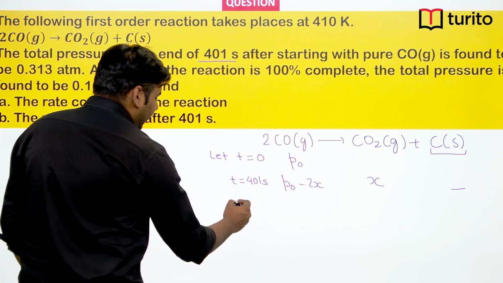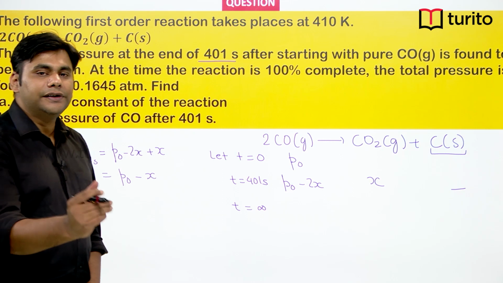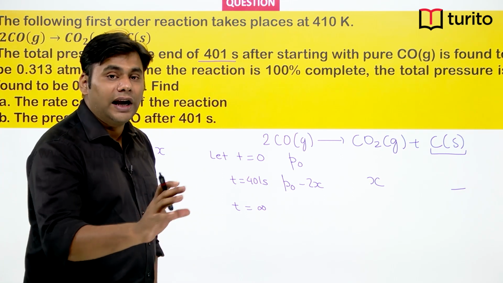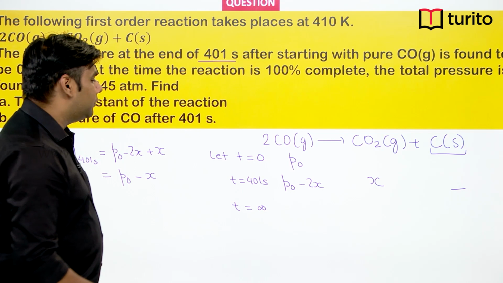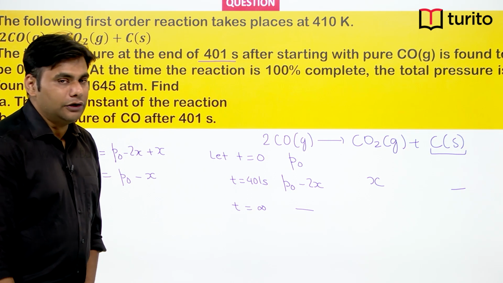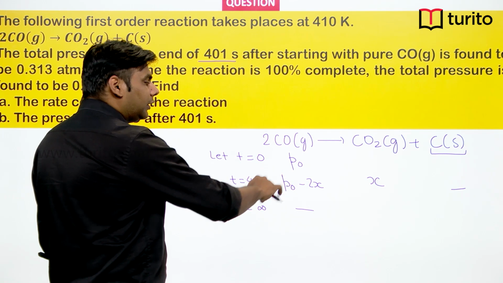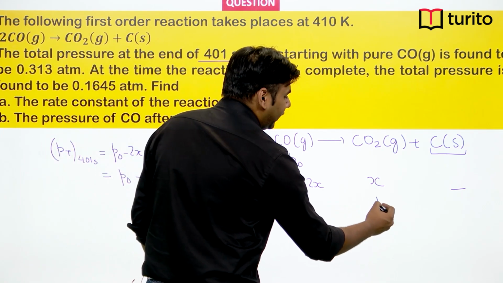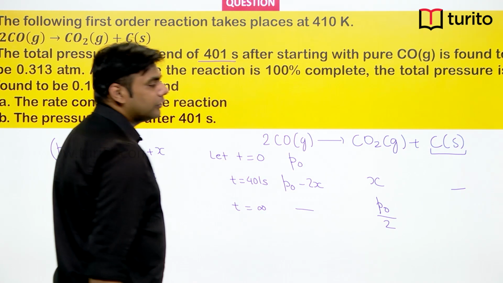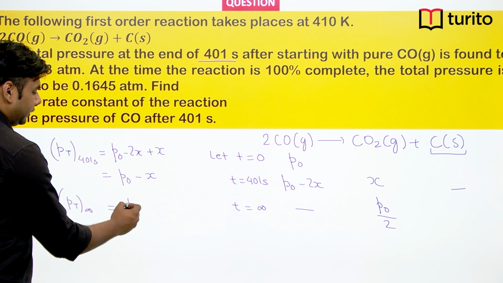Now, when the reaction is 100% complete, because it is following first order kinetics, the reaction will be complete only at time t equals infinity. So at time t equals infinity, the CO would completely react. 2 moles of CO form 1 mole of CO2, so 1 mole of CO would form half a mole of CO2. So the P naught pressure would form P naught by 2 pressure of CO2. So the total pressure at time t equals infinity, that is when 100% complete, is P naught by 2.